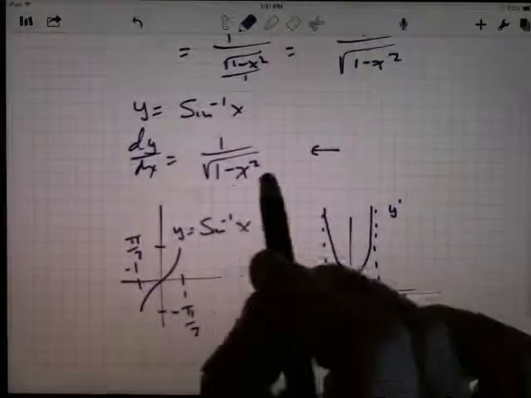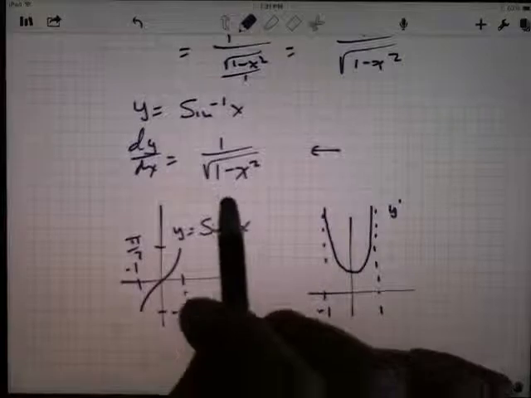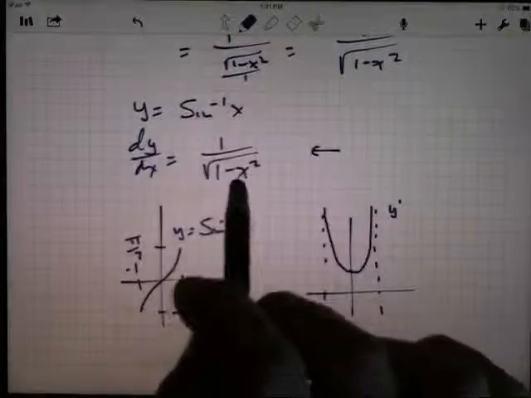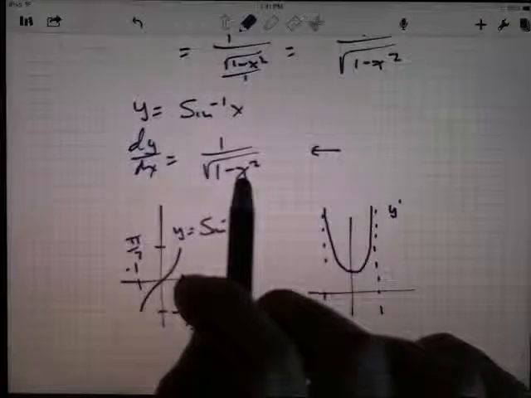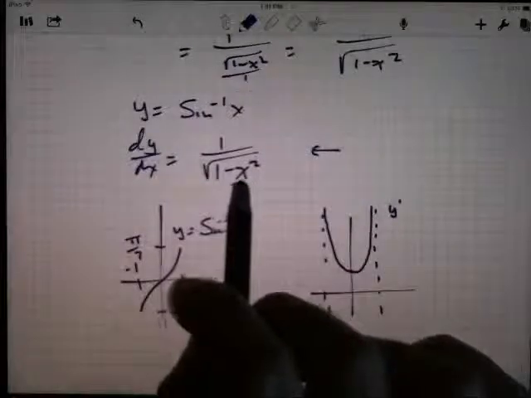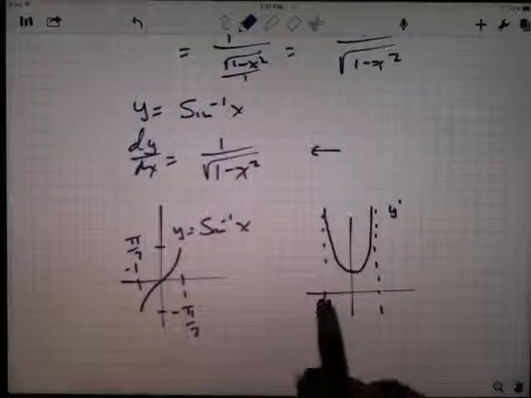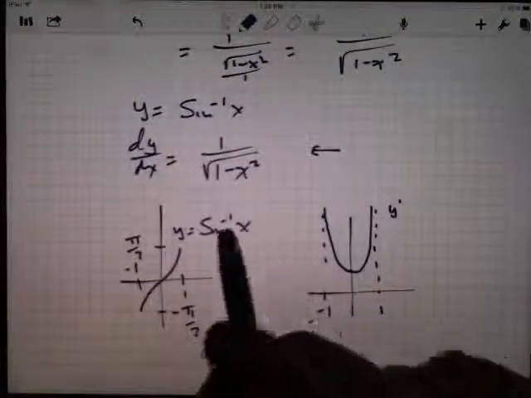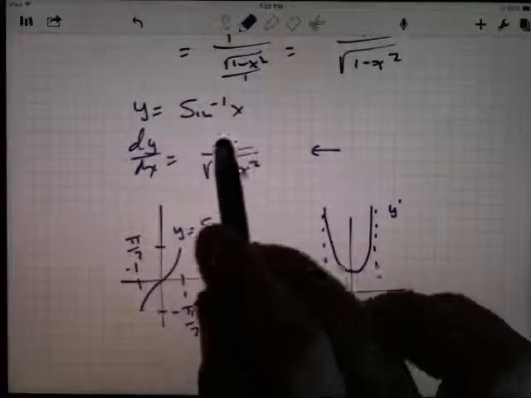Well, I look at what's going on here. The 1 minus x squared's got to be positive, right? So x squared's got to be between 0 and 1. So x is somewhere between -1 and +1. When x is equal to 0, this whole thing is equal to 1.